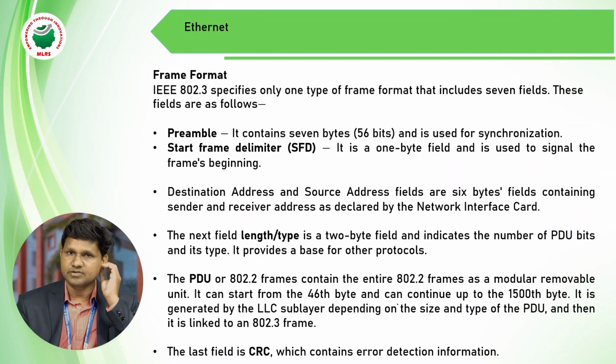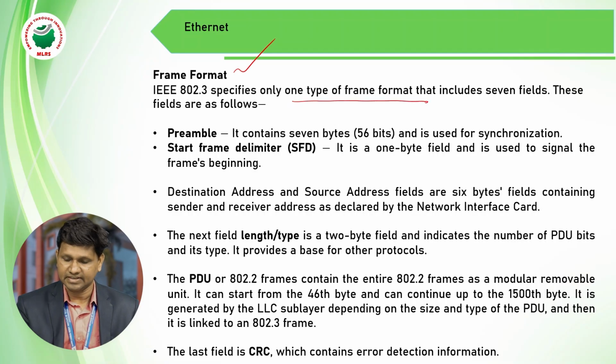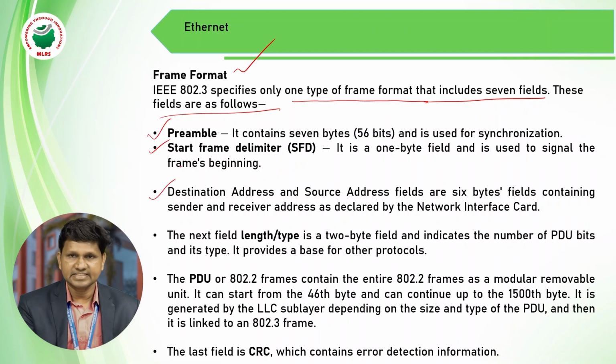Here I just want to discuss the frame format. IEEE 802.3 specifies only one type of frame format that includes 7 fields. These fields are as follows: preamble, start frame delimiter called SFD, destination address and source address, the next field length type, the PDU or 802.2 frame.